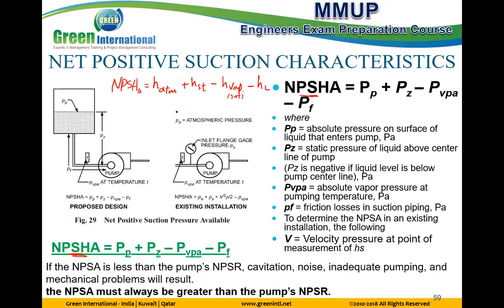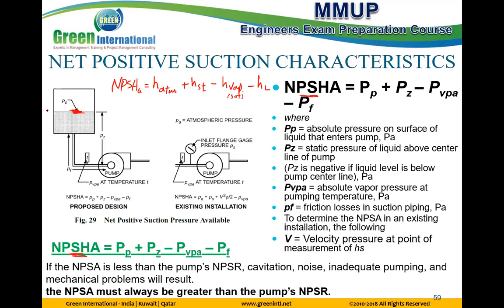This equation is the same as this one, not different, but this one is in pressure form. Normally in the exam, we calculate in head form. Okay, let me check with you each H part. First, H atmospheric refers to the atmospheric pressure. For example, as you see here in this example, the pressure on this reservoir is part of H atmospheric.